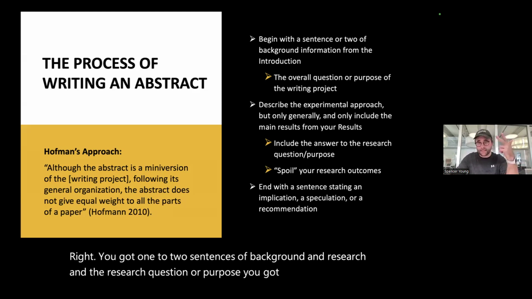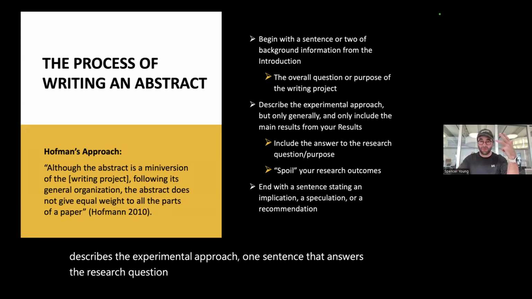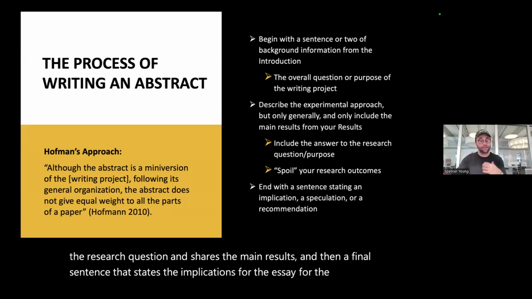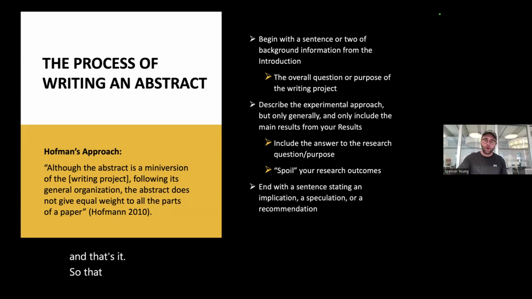You got 1 sentence that describes the experimental approach, 1 sentence that answers the research question and shares the main results, and then a final sentence that states the implications for the study. And that's it. So that is one perspective about how to write an abstract. And let me show another one.